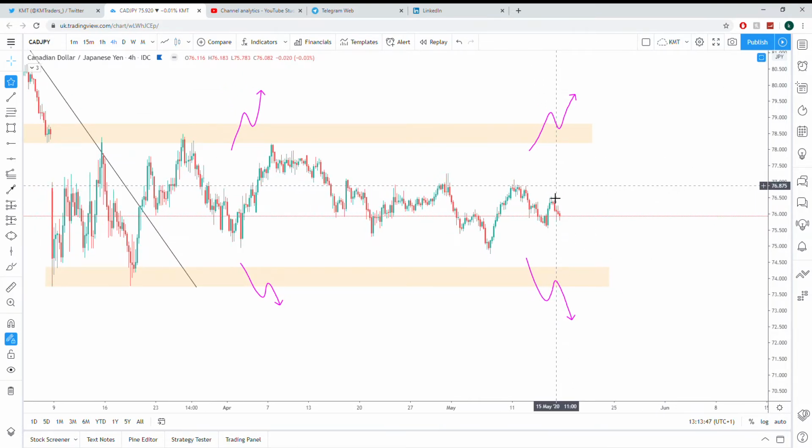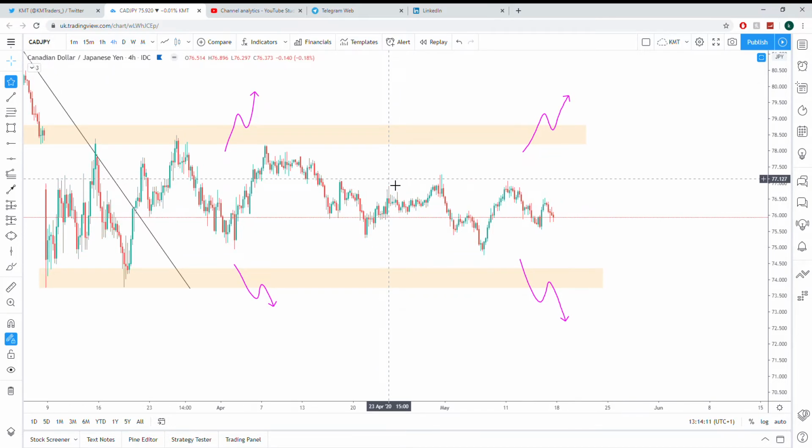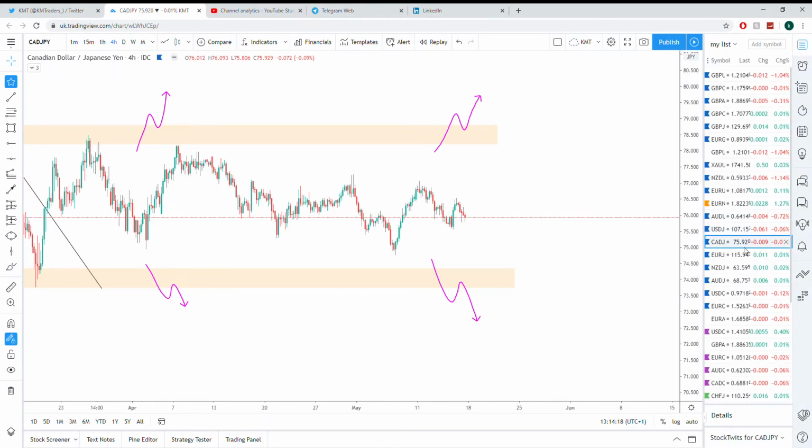I just believe in clear structure of the market and repeating those patterns, vigilantly looking at them, and not taking the opportunities aggressively. You want to wait for that particular confirmation first, then wait for that retest, and then you look at that opportunity to get in. Okay, so this is just one example of a ranging market, and I believe we have a few pairs that are still stuck in this range.